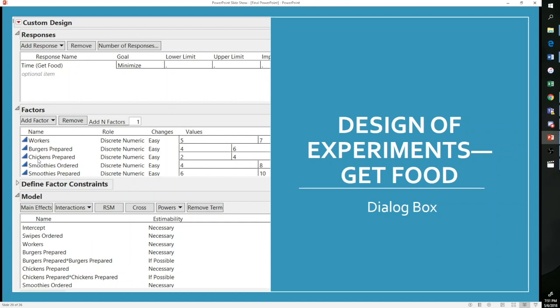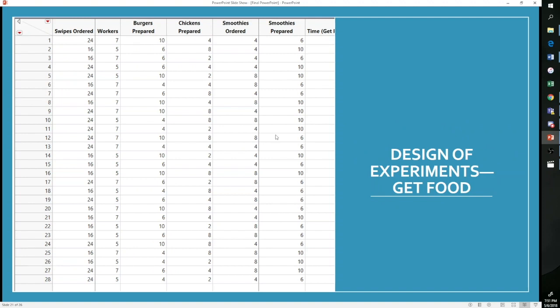Chicken sandwich prepared 2 or 4, smoothies ordered 4 or 8, and smoothies prepared 6 or 10. And again, this is the model with all the factors and the different interactions between factors. And here's our data set with randomized factor values and the space to get the data value of the time.